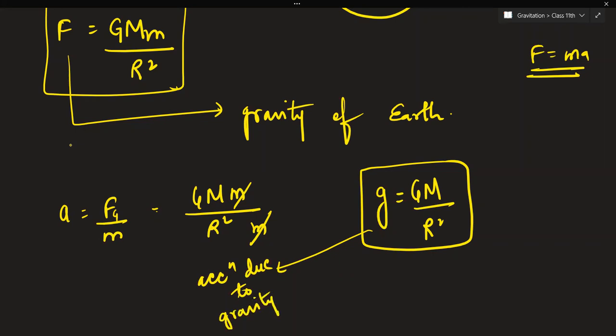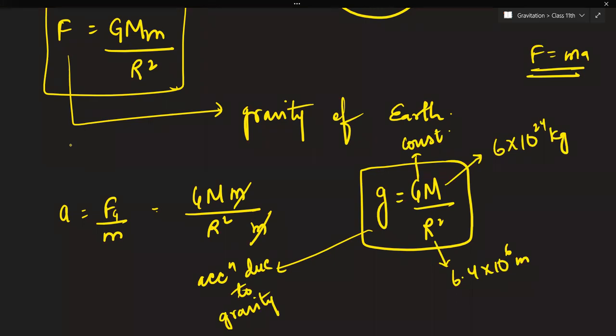Here, capital G is the universal constant. Capital M is the mass of Earth, which is 6 into 10 to the power 24 kgs. And this is the radius of Earth, which is 6.4 into 10 to the power 6 meters.